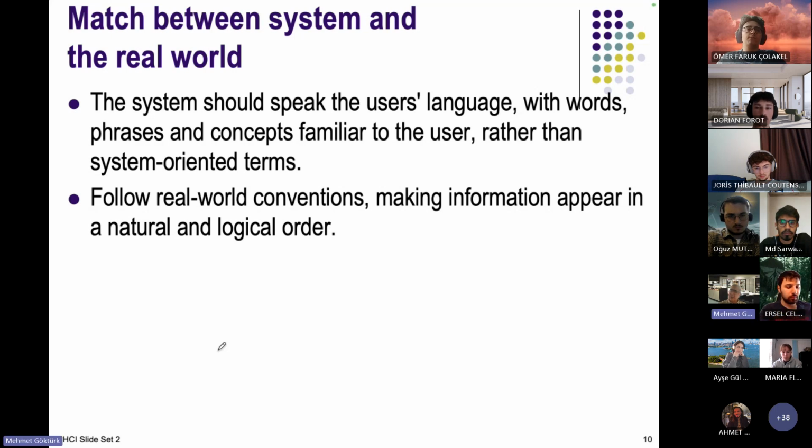So matching between the system and the real world means use of icons and metaphors, so that the ways we accomplish tasks are similar to what we do in virtual environments, such as buying something.